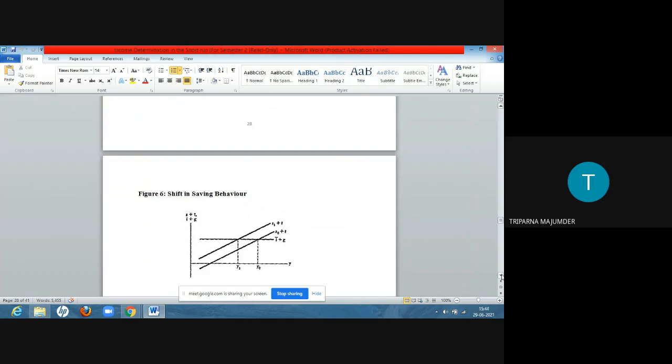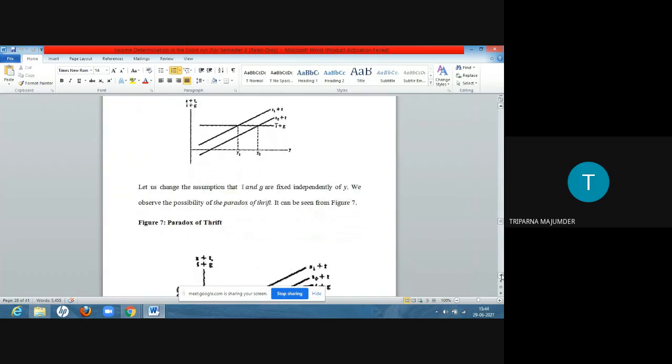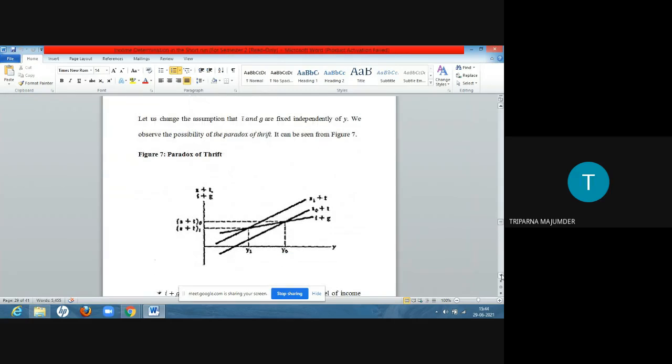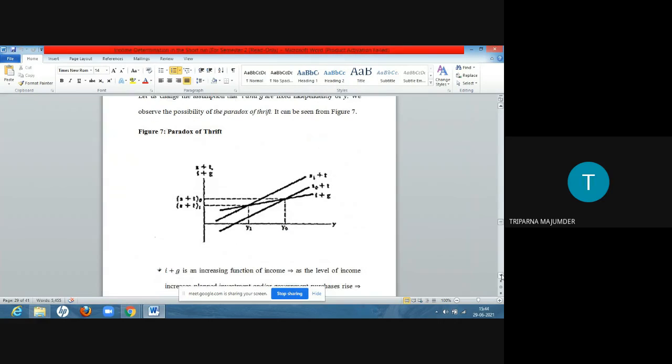But this does not explain the paradox clearly. In order to explain the paradox clearly, we assume that the investment function is an increasing function of income too. So you see, it was a horizontal line in the previous figure, but here it has a slight upward slope. So as income increases, investment increases.